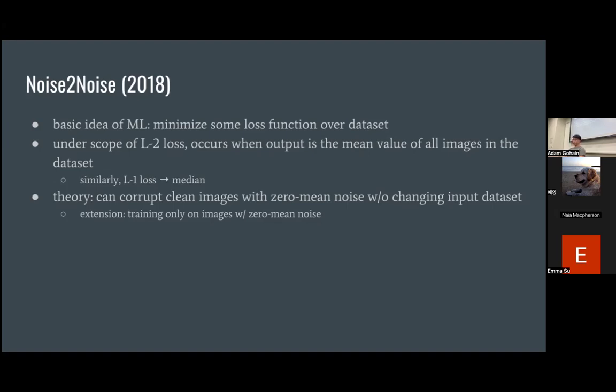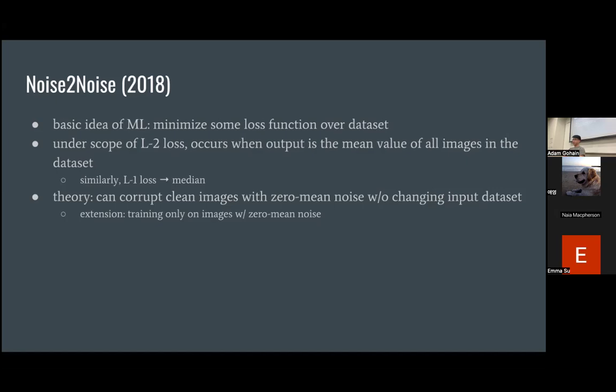To give a quick analogy, suppose that you have a lot of relatively noisy measurements for some numerical value, like let's say room temperature. A common approach to finding the true value of this room temperature is to just take the average of all of these noisy measurements.